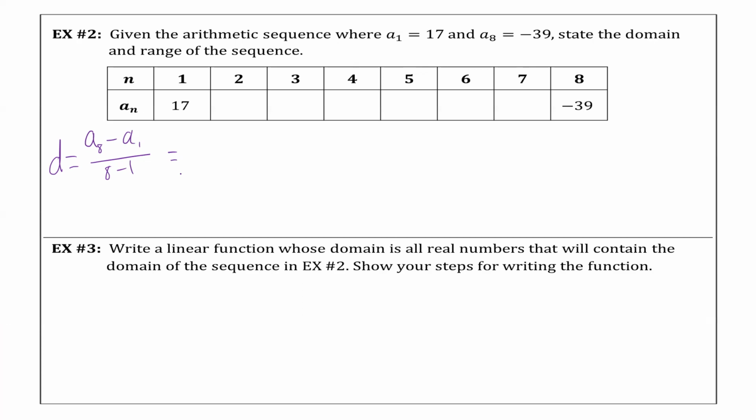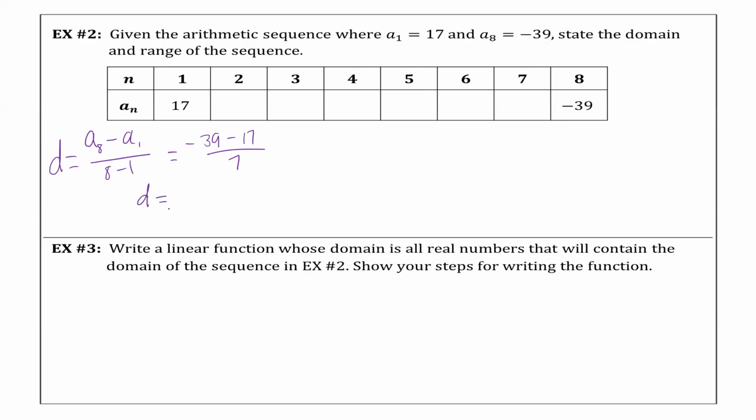That's exactly what Aaron said. All right, so we have negative 39 minus 17 over 8 minus 1. Oh my God, it's clicking.